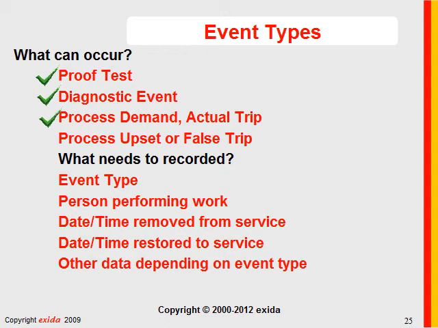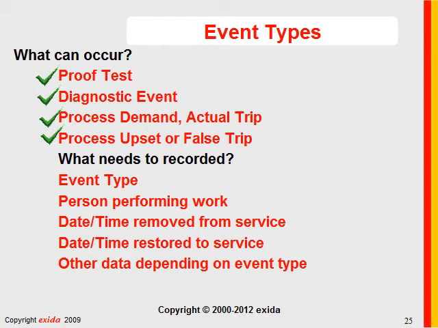Except with the diagnostic, you usually get an error code that gives you a pretty good idea of what's failed. You need to track process demands, actual trip events. That's valuable information during the layer of protection analysis. And we need to track process upsets or false trip events. I've seen some good data collection systems that rely on proof test results. Now, the problem with that, of course, is you're missing all the false trips.